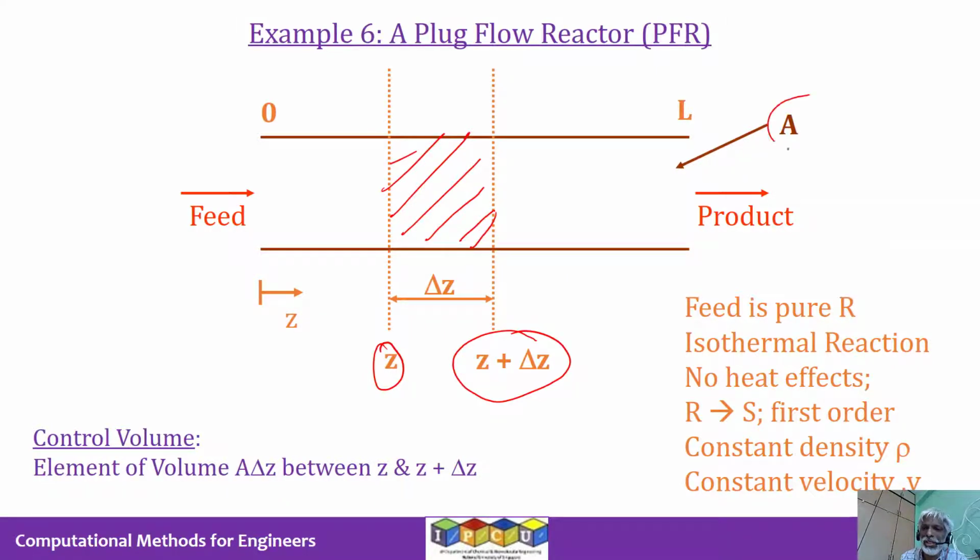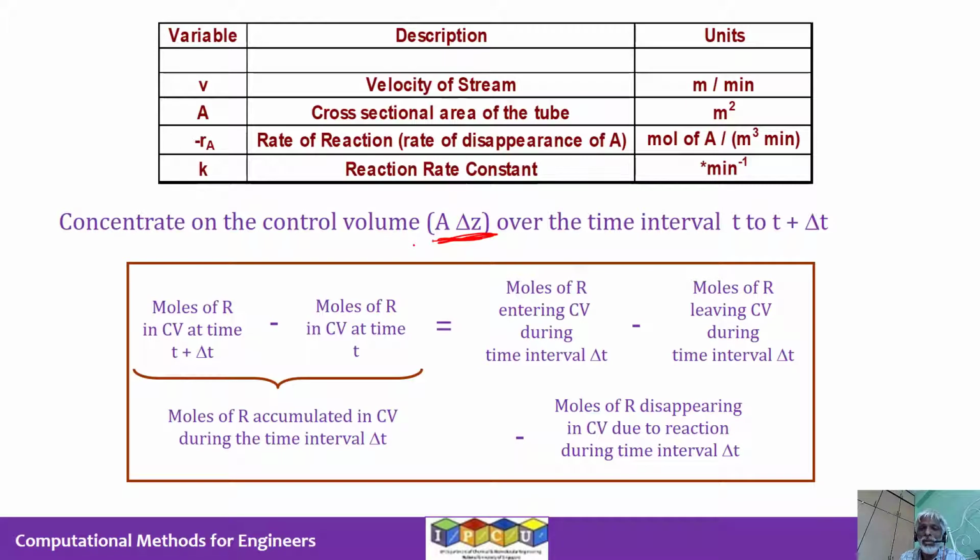That will be the volume of this section that we are going to focus on, over the time period, time t to time t plus delta t. So again, our focus is on the system, specifically this control volume of size A delta z from t to t plus delta t.